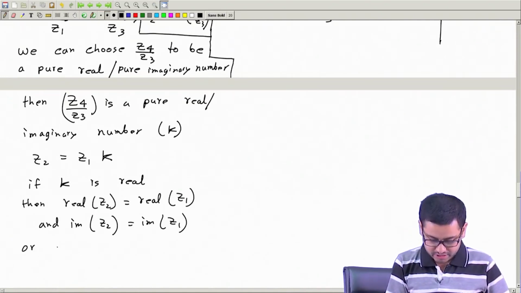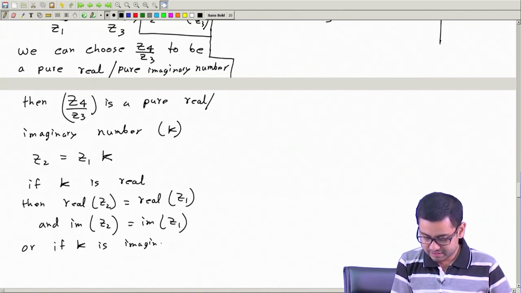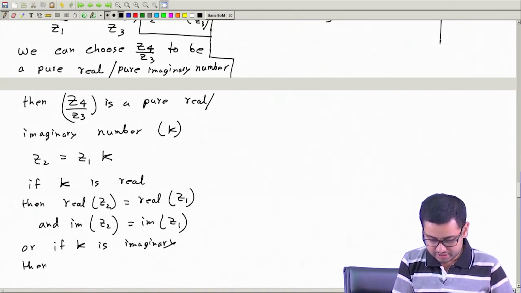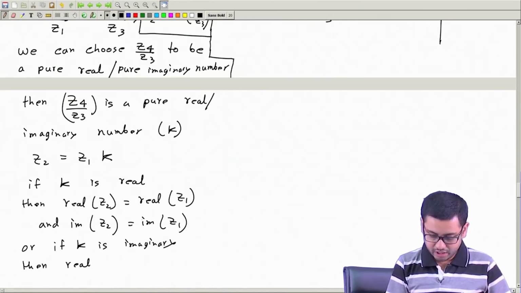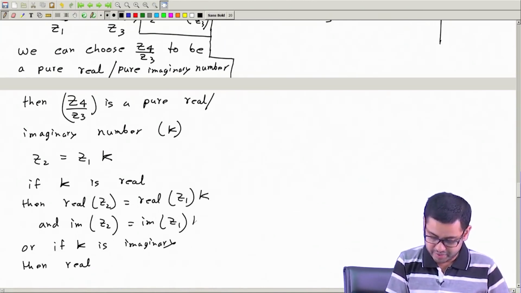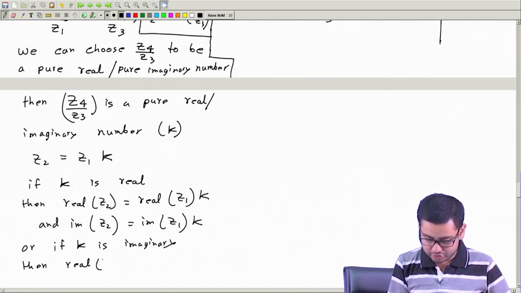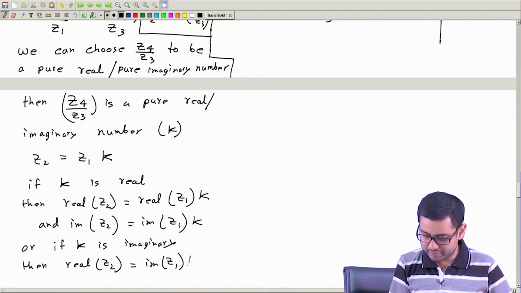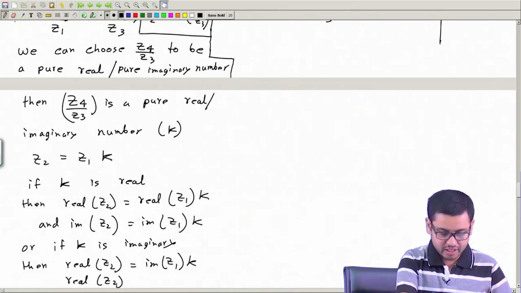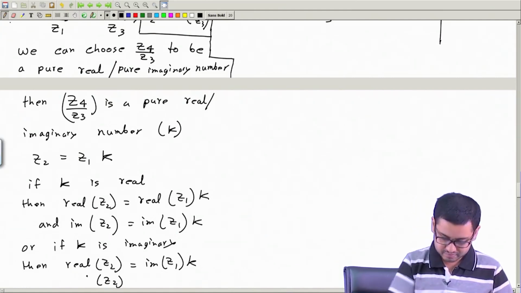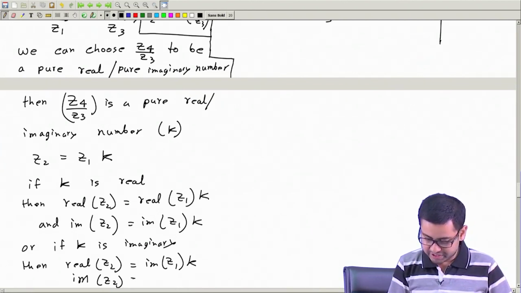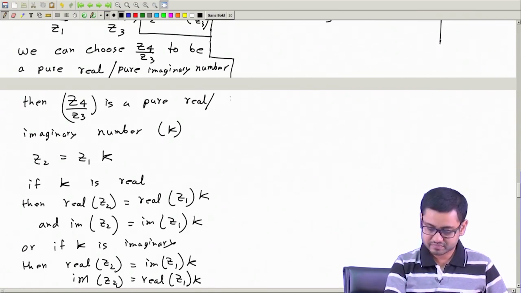Or if k is imaginary, then real of Z2 will be imaginary of Z1 multiplied by k, and imaginary of Z2 will be same as real of Z1 multiplied by k.